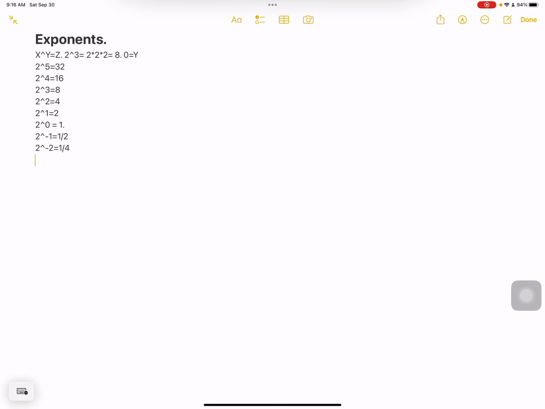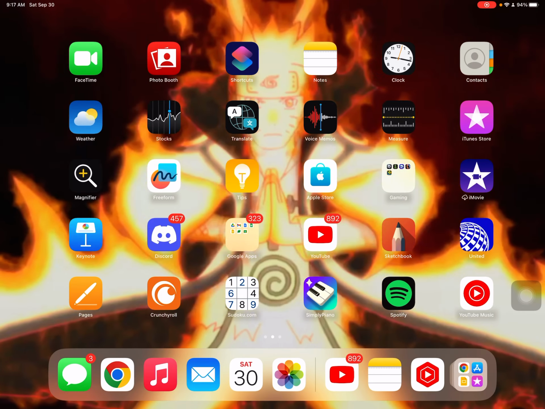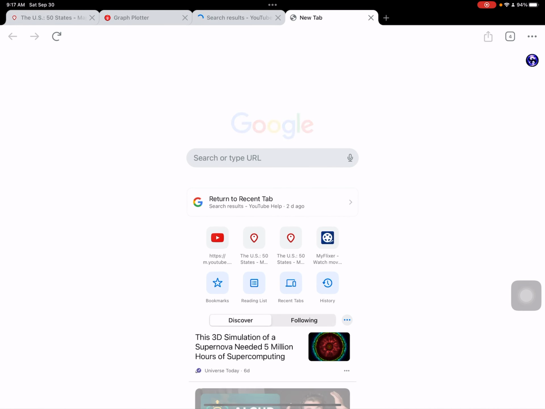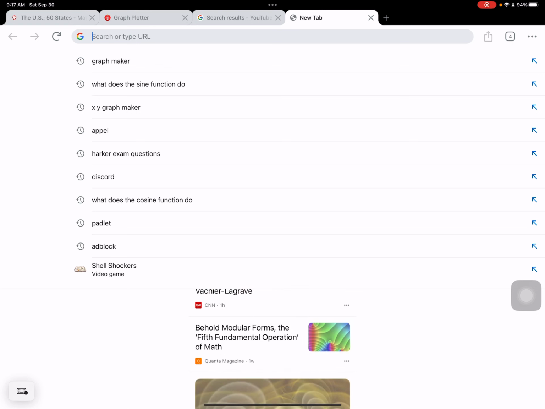Now, what if you looked at this and said, what if I did 4 to the power 1/2? Now we go into a new chapter. A square root is written in the form of the square root symbol.